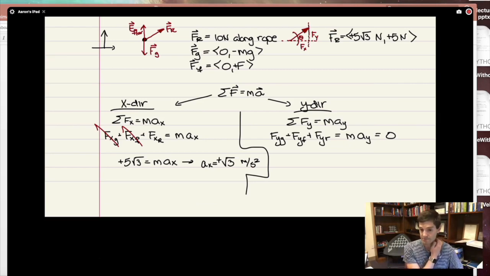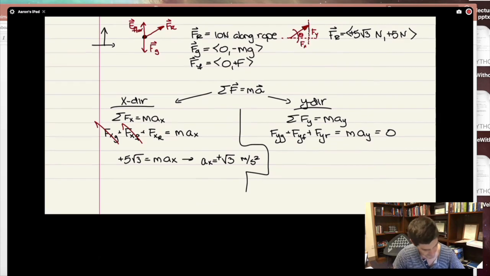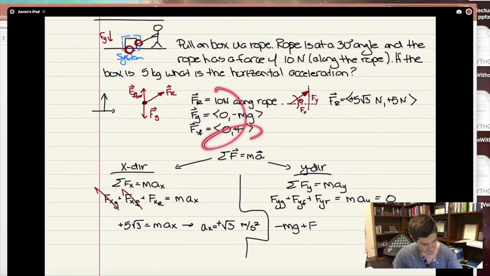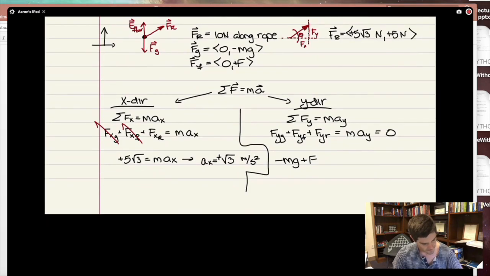All right, I wrote all these forces with plus signs. I haven't introduced a coordinate system yet. Now let me bring in the coordinate system. I have minus mg for gravity. I have plus f for the floor, using the symbol I defined up here. And then I have the y component from the rope, which we said was plus 5 newtons, equals 0.